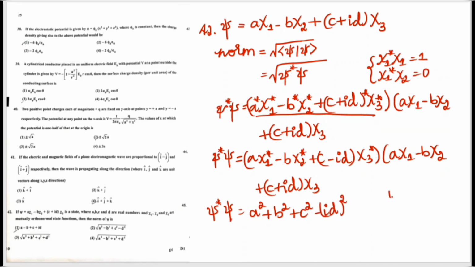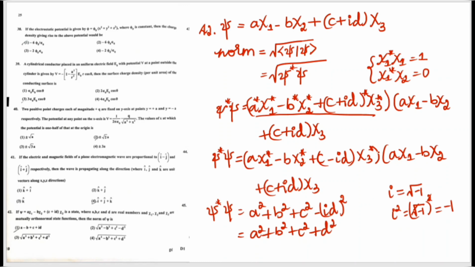Here i is an imaginary number, and our value for i is the square root of minus 1. So i square is equal to the square root of minus 1 whole square. The square root gets cancelled, we get the value minus 1. So minus 1 into minus, it will be plus 1. So psi star psi is a square plus b square plus c square plus d square.